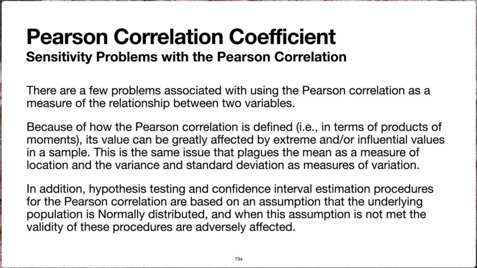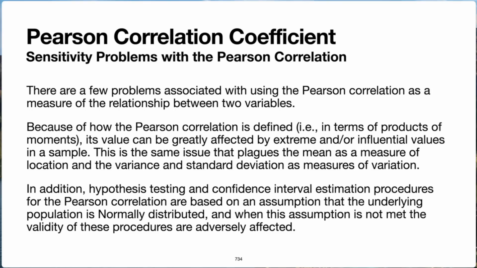And in addition, because the variance and the standard deviation are based on sums of squares of deviations of observations from the overall sample mean, that squaring of those deviations really impacts the values of the variance and the standard deviation when you have even a single extreme value. So that same kind of problem impacts the Pearson correlation as a measure of the relationship between two variables.